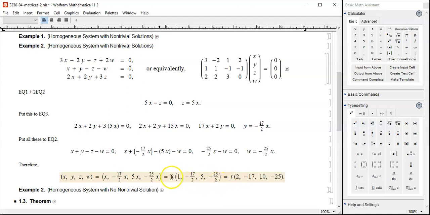Okay, this expression means all the vectors parallel to this vector, (1, negative 17 halves, 5, negative 25 halves). And this expression tells me all the vectors parallel to this one, (2, negative 17, 10, negative 25). But we are talking about the same vectors because we obtained the second vector simply by multiplying 2 to each term, each component.